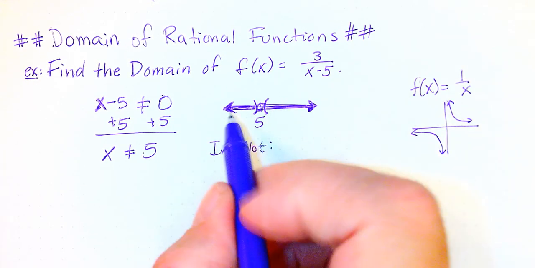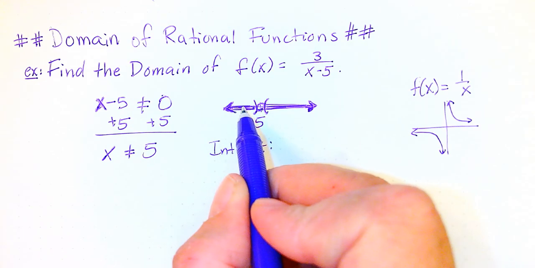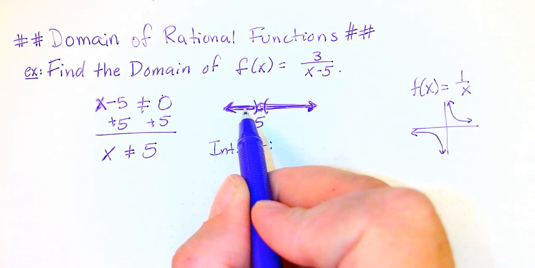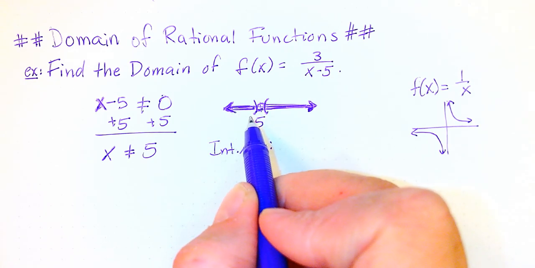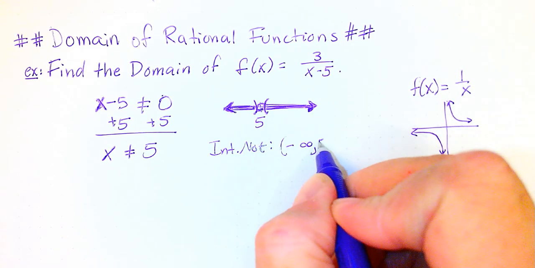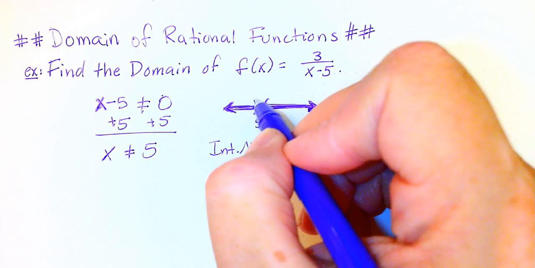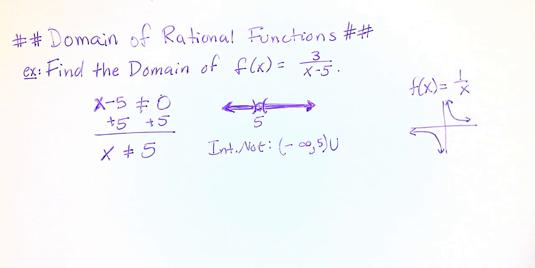So when I write interval notation, if I was to think about these as separate intervals, then this interval would be from negative infinity all the way to really close to 5, and that's where we're going to use the parentheses. So we're going to have negative infinity to 5, parentheses, and then when you skip over to the next interval, we need to have some symbol to join these two things together. And we use the union symbol.